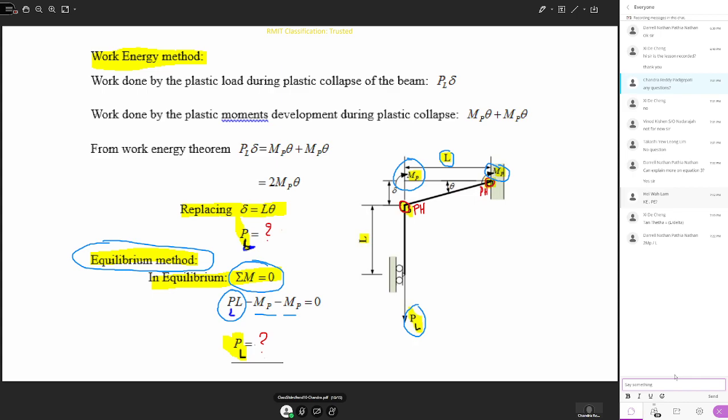Therefore, PL is equal to 2 by L into plastic moment. So you can prove PL from both the energy method and the equilibrium method, and you will be getting the same formula.